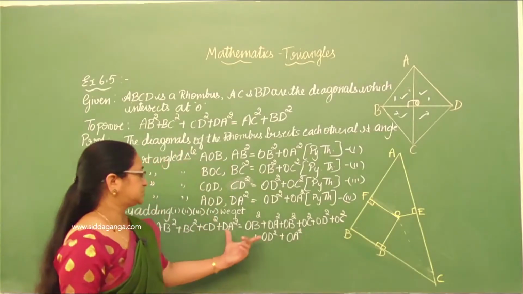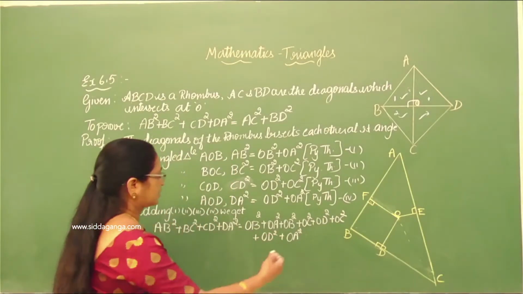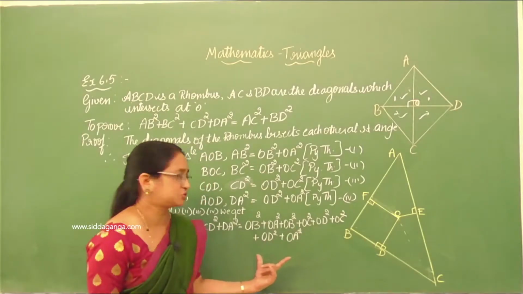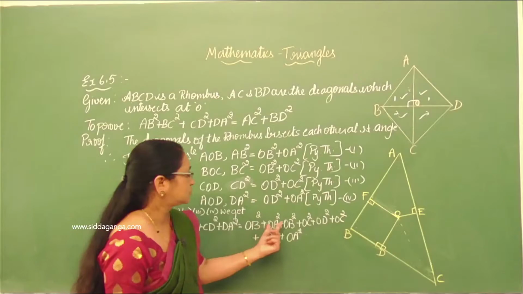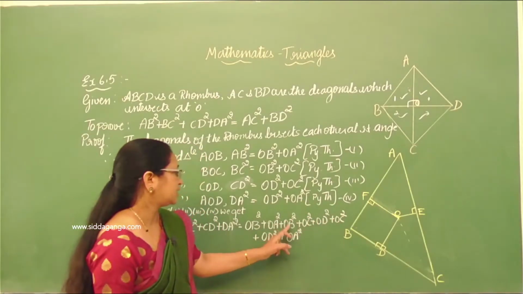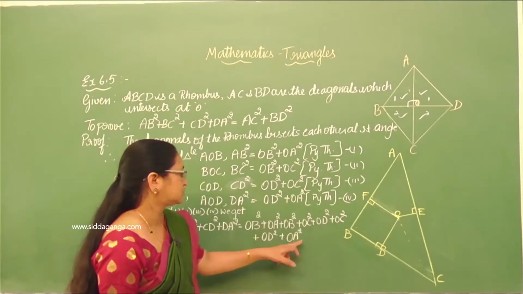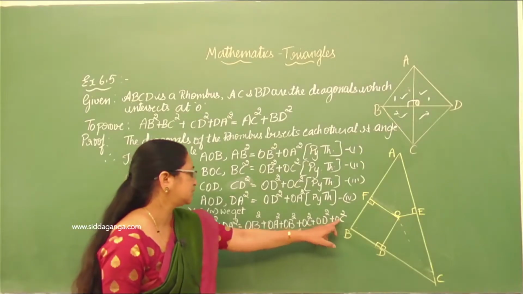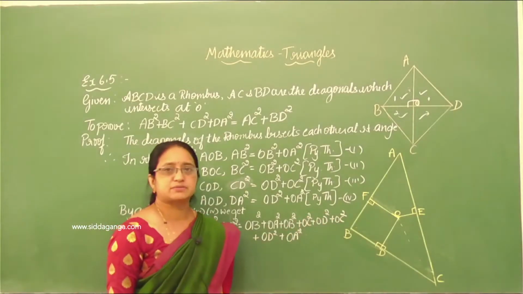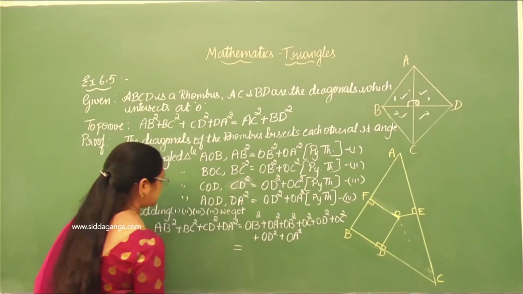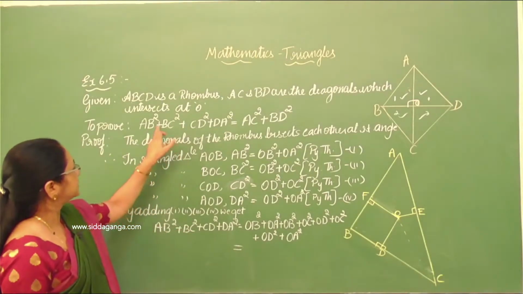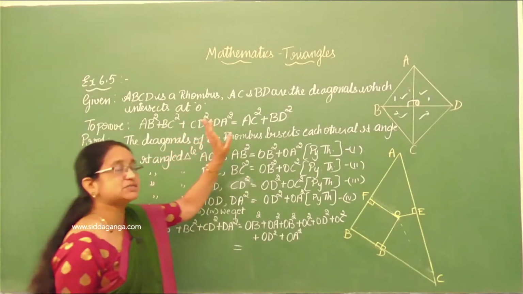Now just observe the RHS: 2 OB square, 2 OA square, 2 OC square and 2 OD square. The LHS is correct, AB square plus BC square plus CD square plus DA square.